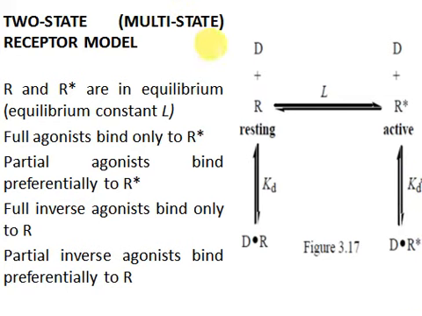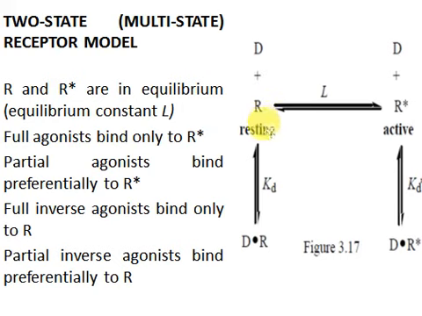If your drug is a partial agonist, the drug will bind with R star as well as R, however it will bind more with R star. As a result, it will get some biological response, but that response will not be full because your partial agonist is not completely binding with R star. It is also binding with the inactive form of R, so you get some biological response, but it will not be complete.